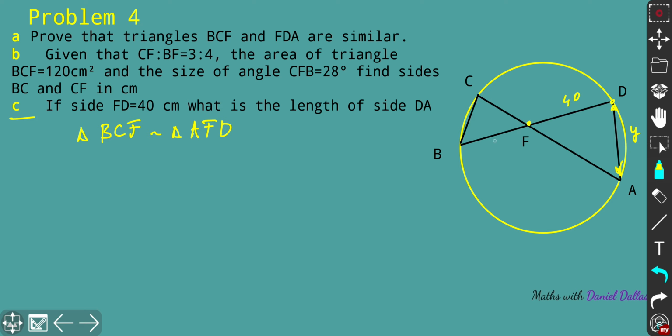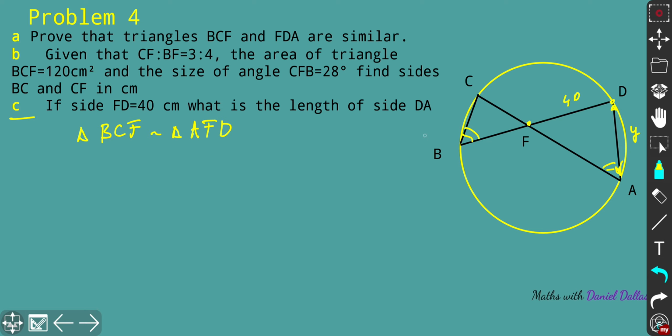So that means we can complete the proportional sides ratio. But hold on, be careful with that, because this angle is that angle. To make them similar, you need to see which proportional sides to use. If you start from the biggest side, FD is going to be proportional to CF.